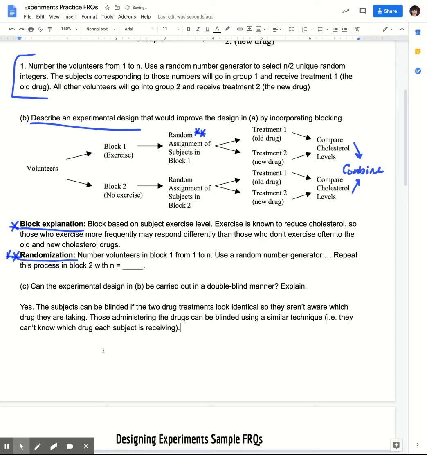Okay, all right. Obviously, those who are analyzing the data have to know, but those who are collecting the data don't have to know. All right, so that is this FRQ.